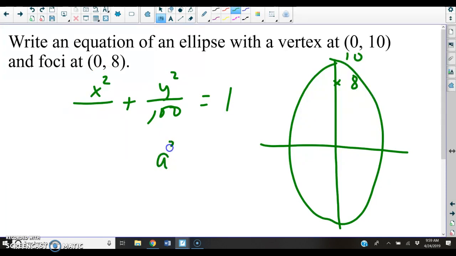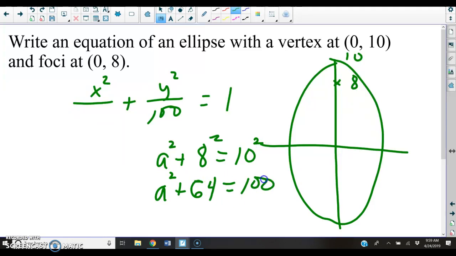Okay, so it's going to be smaller. So a squared plus 8 squared equals 10 squared. If you know your Pythagorean theorem, or triples, excuse me, you know that's going to be 64. Excuse me, 36. I have the 64. I was thinking about the other one.